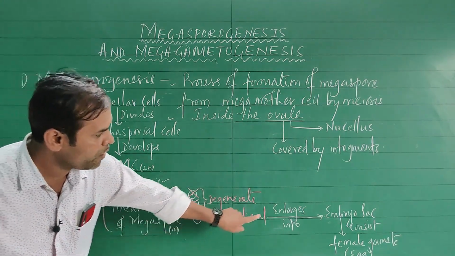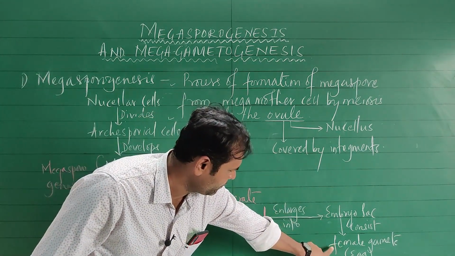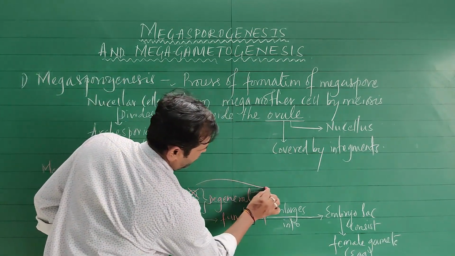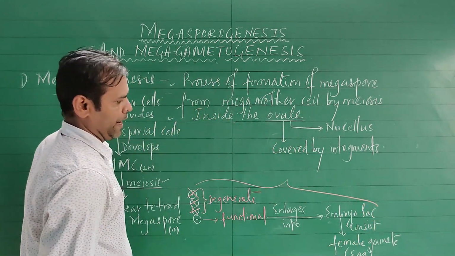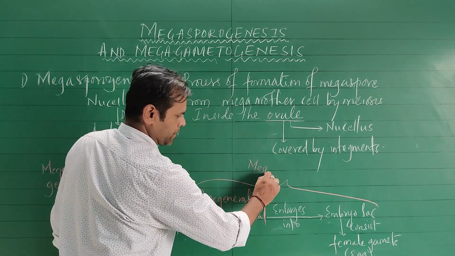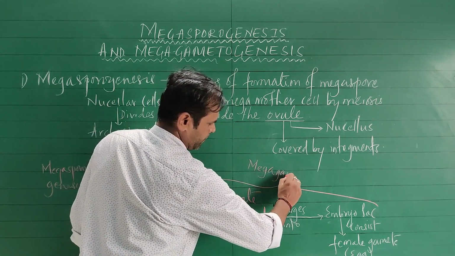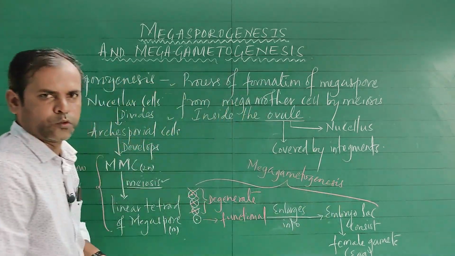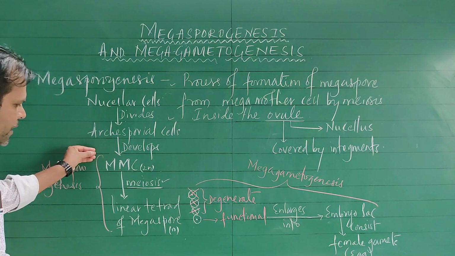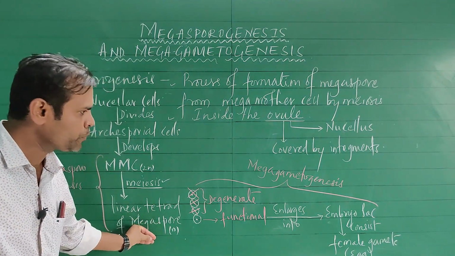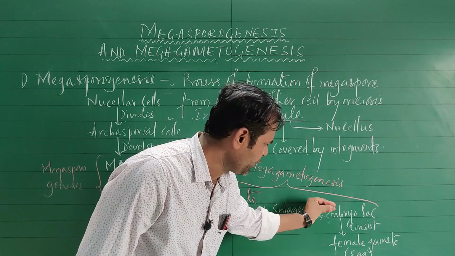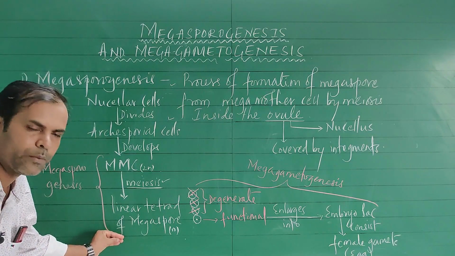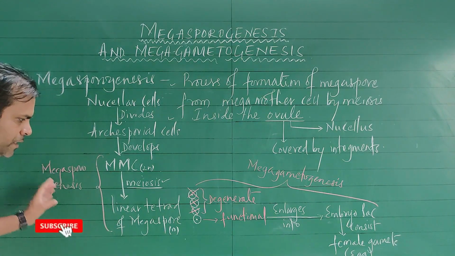And the development of embryo sac, which consists of female gamete egg, from the megaspore, this is known as megagametogenesis. So simple idea: megaspore mother cell becomes megaspore, that is megasporogenesis.